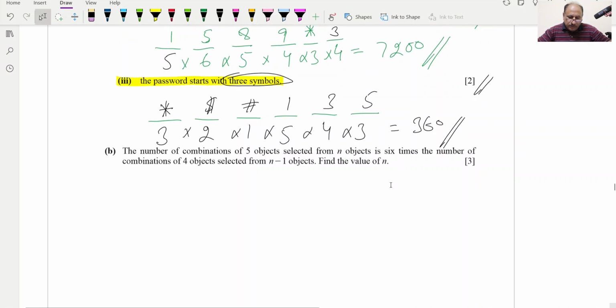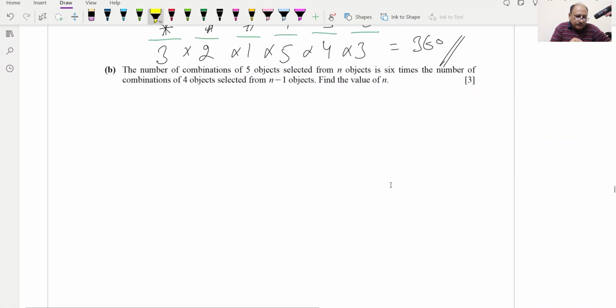Now the B part says the number of combinations of 5 objects selected from n objects is 6 times the number of combinations of 4 objects selected from n minus 1 objects. Find the value of n.